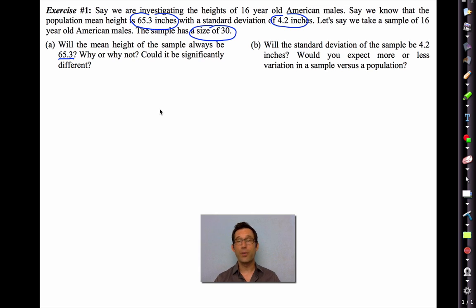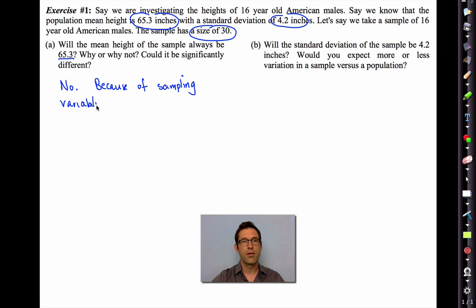Well, what I hope is that you said no. In other words, because of sampling variability, the sample will almost never have the same mean.